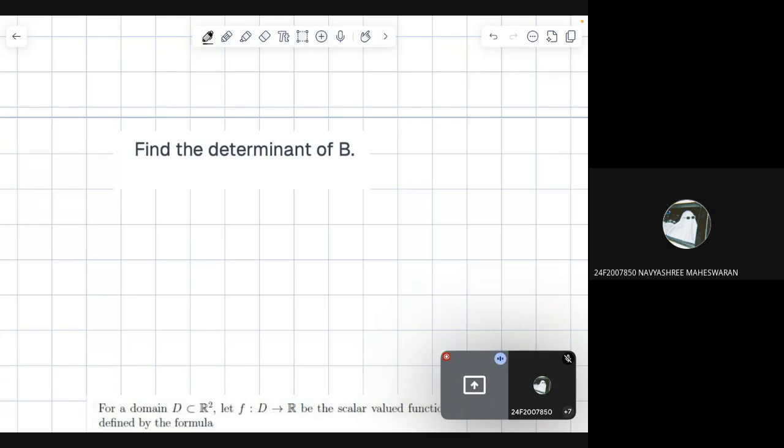If there is a linearly dependent row or column, then the determinant will come out as 0, because its rank is less than 3. B is a 3 by 3 matrix with rank less than 3, and that's why its determinant is coming out as 0.